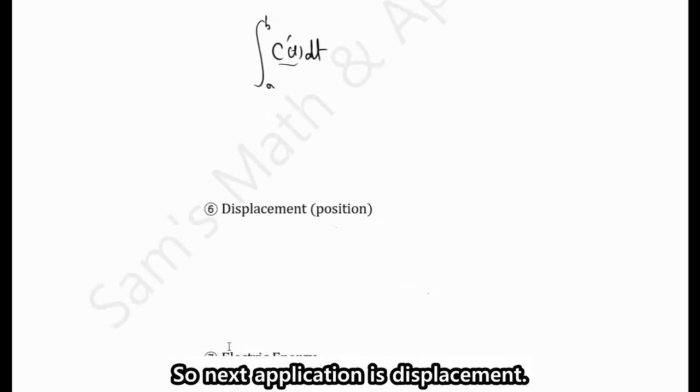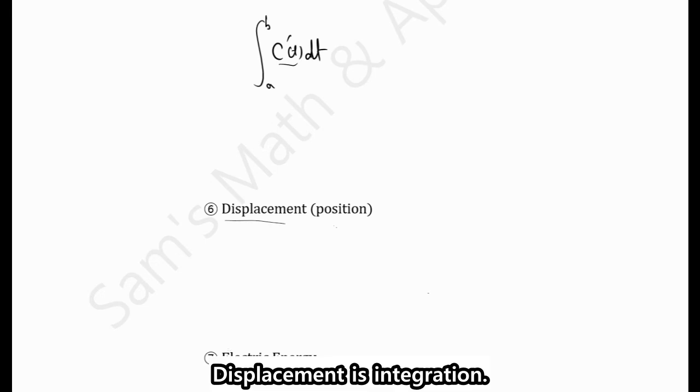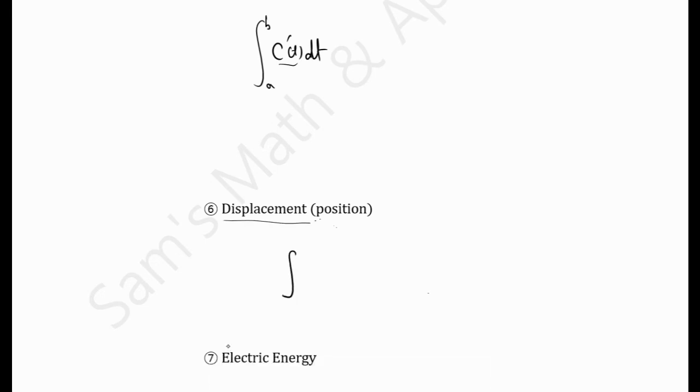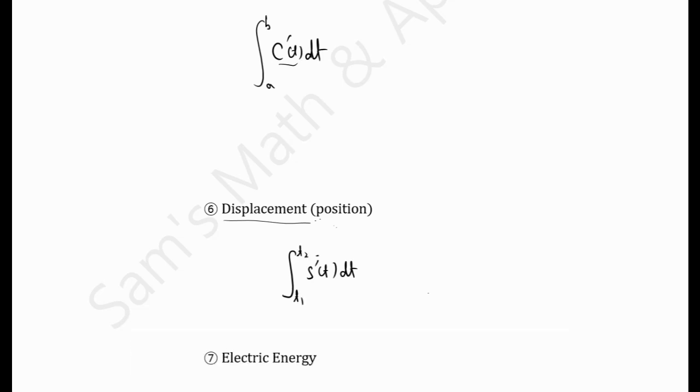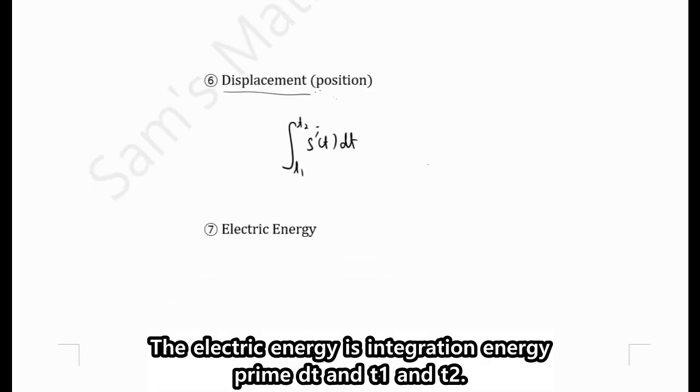The next application is displacement. The net change of displacement is the integration of the rate of change of displacement from t1 to t2. The electric energy is the integration of energy prime dt from t1 to t2.